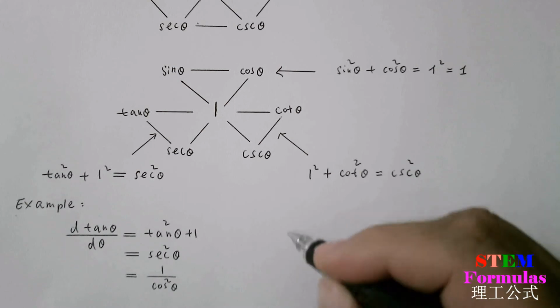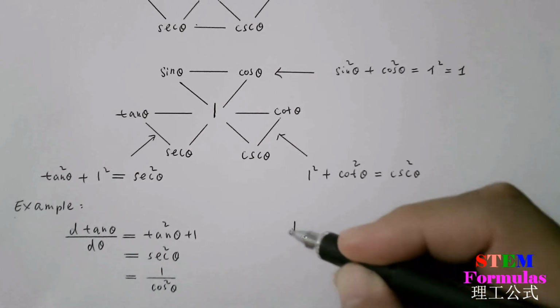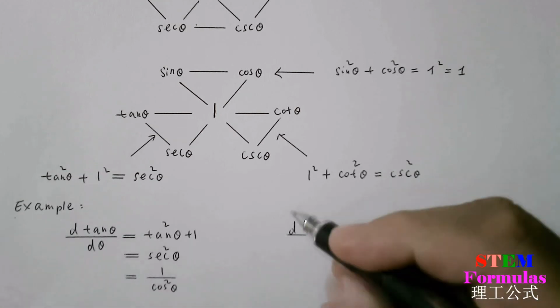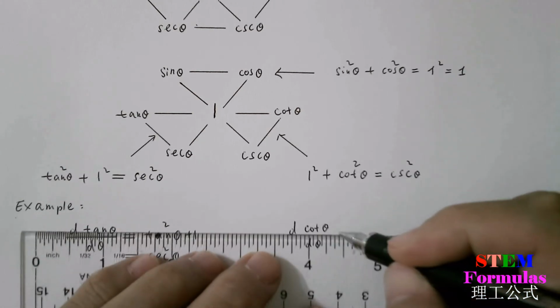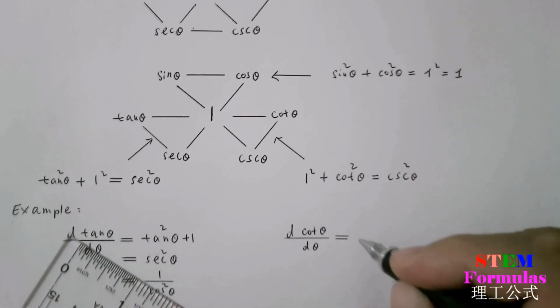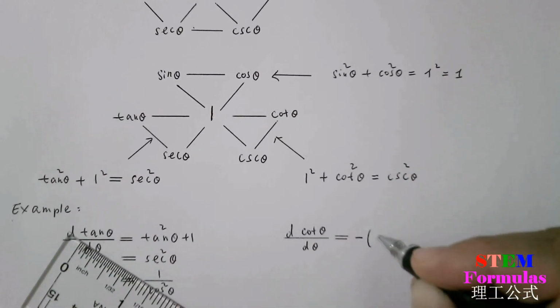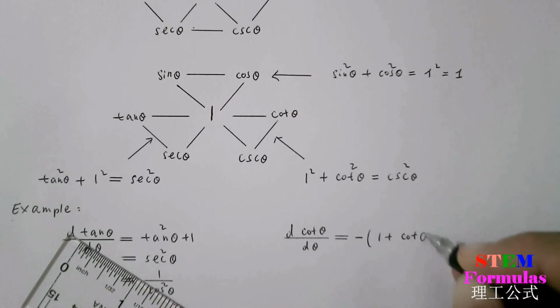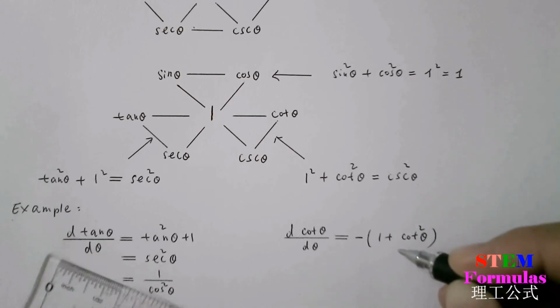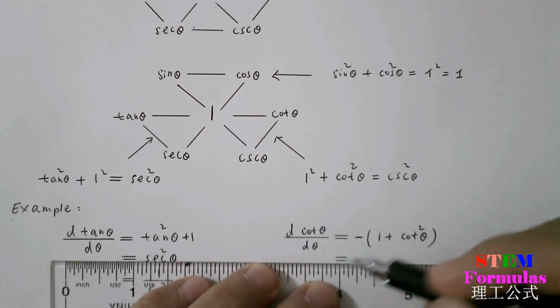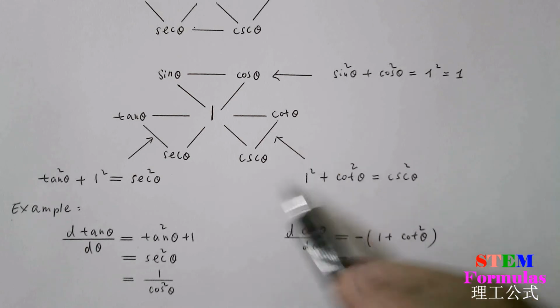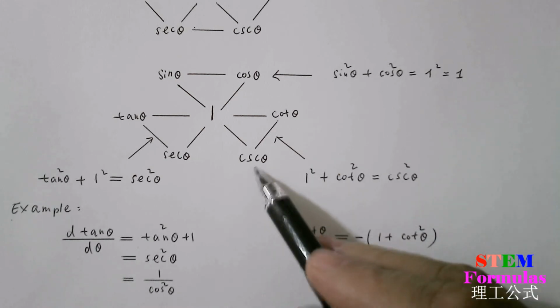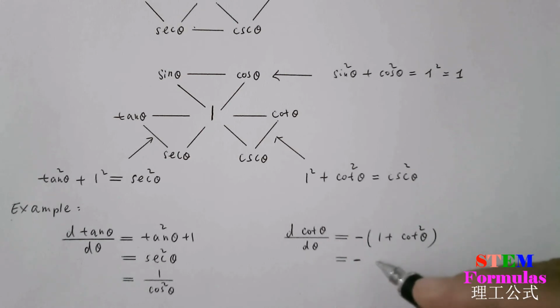And on this side, d cotangent theta over d theta equal minus 1 plus cotangent theta squared, equal minus (1 plus cotangent squared), equal minus cosecant squared.